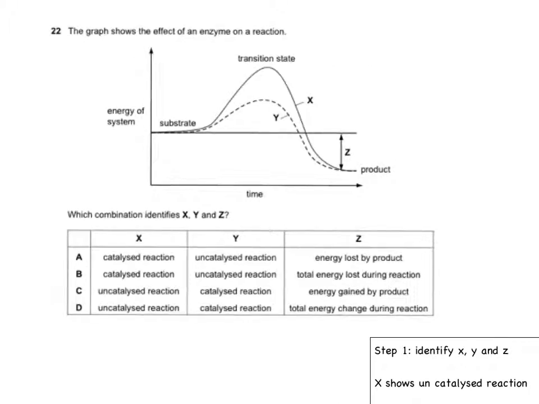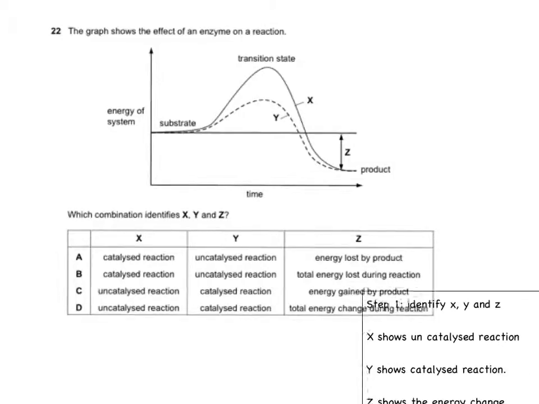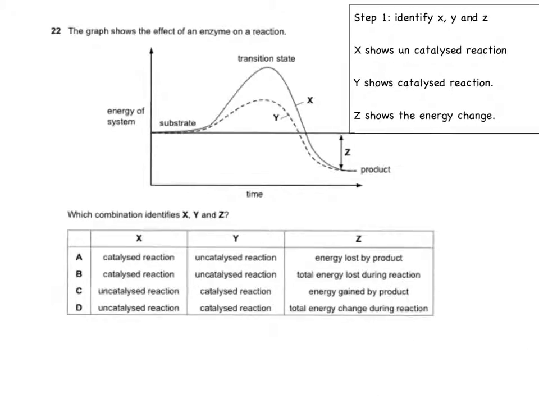So in this question, you're being asked to identify what the lines do. Because it's a relatively simple graph, the easiest thing is just to identify what X, Y, and Z do, and then to find them on the table. So, to identify them, X here is showing a normal uncatalyzed reaction, Y is showing a catalyzed reaction.